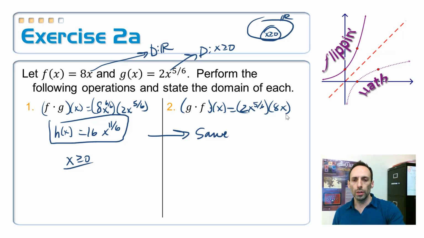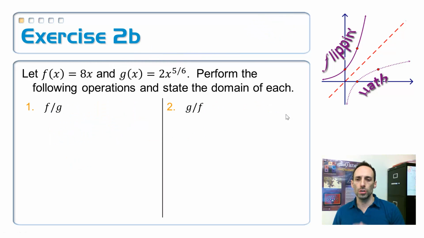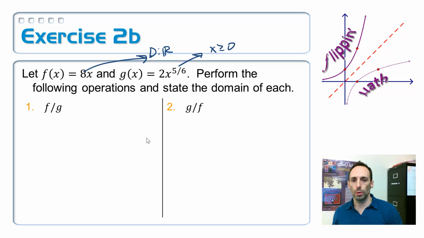Okay, so then finally we need to do some division, and that's what we're doing right here. So same functions as the previous one, where we said this domain is all real numbers, and this domain is x is greater than or equal to 0. All right, so divide them in this order.